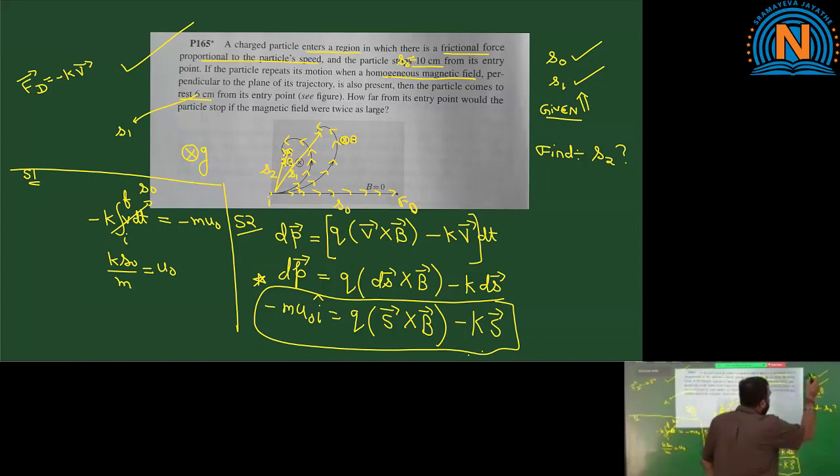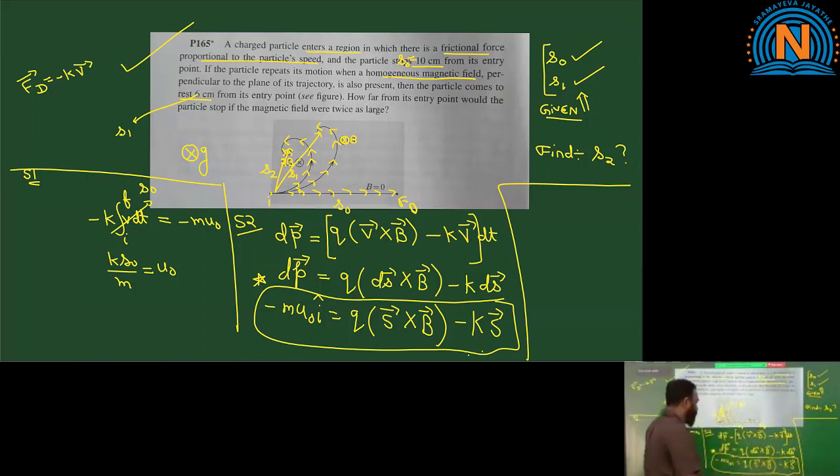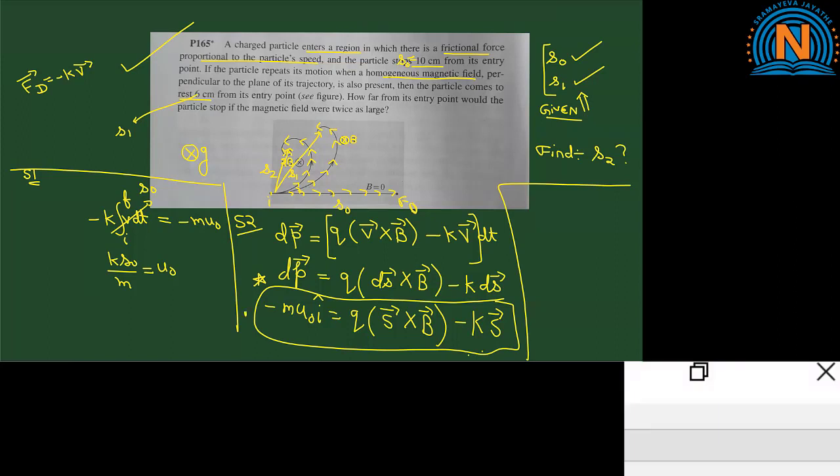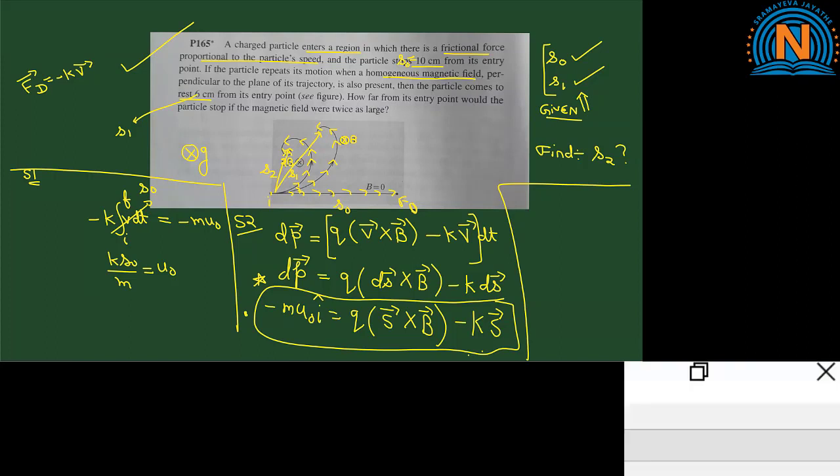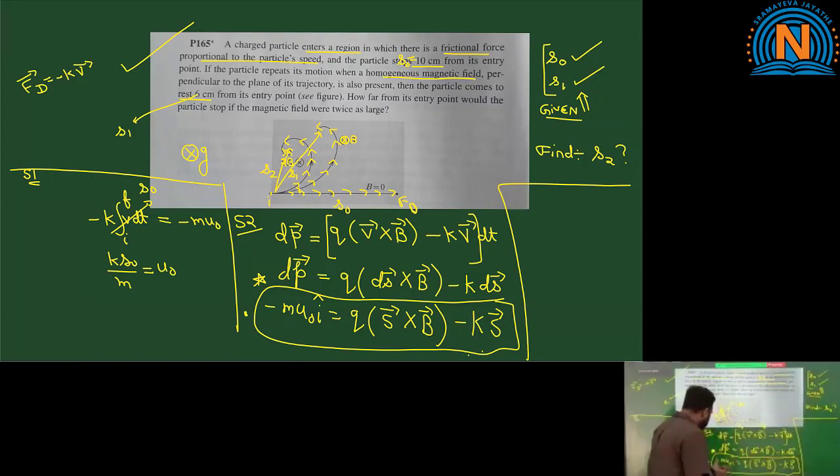Because I knew that only S0 and S1 are given, and I had to calculate S2, what I should have done at this step is take the dot product of this equation with the same equation. So the term that I am getting now is minus m u naught I cap dot minus m u naught I cap. Observe, I'm having an m square u naught square term on the LHS.